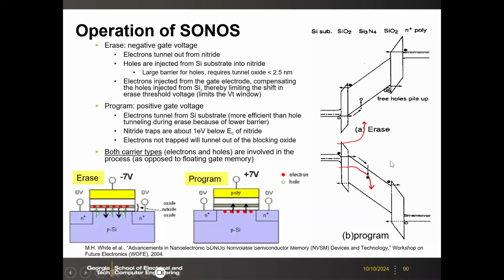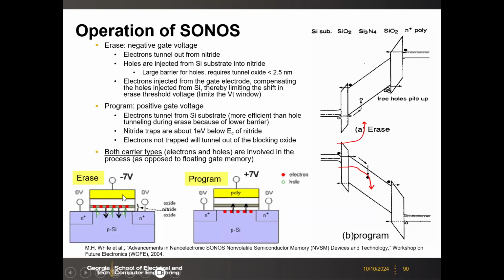So here are some more details about the erase and programming. Mostly the same as the floating gates. If you use the channel FN tunneling, this is similar. So for program, you apply a little bit lower voltage, like 7 volts on top, and then you get the electron injection through the channel FN tunneling.